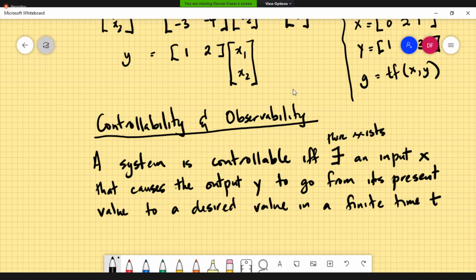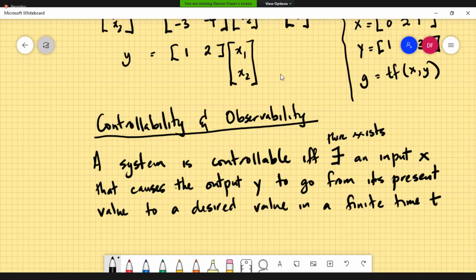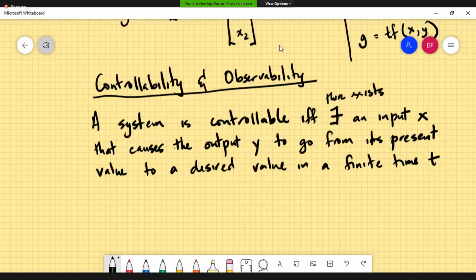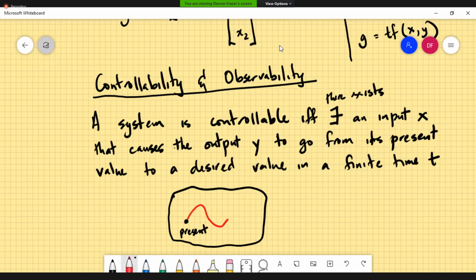All right, so let us say that this is your system and this is your present, and you want to get to over here.